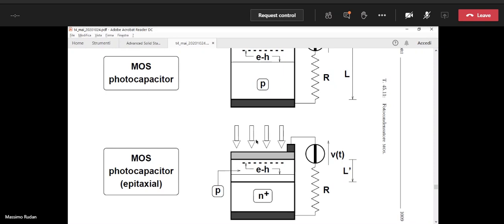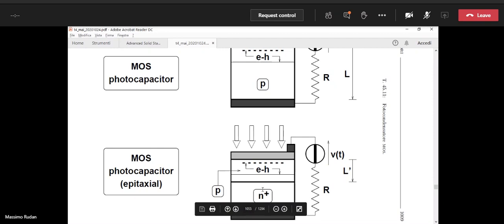And then when we apply a voltage that is equal to the flat band, so we bring the gate voltage down again, we make the layer of electrons diffuse, and they have to diffuse for a much, much shorter length, L prime, until they reach the heavily doped region.